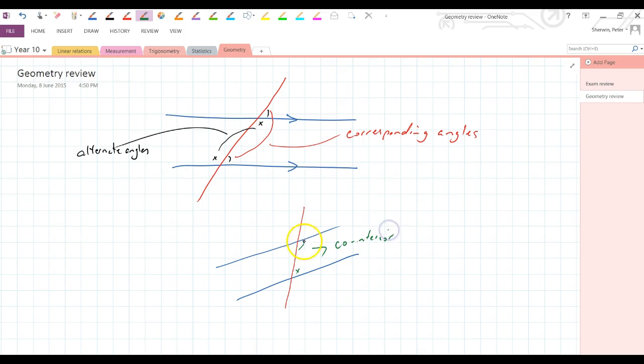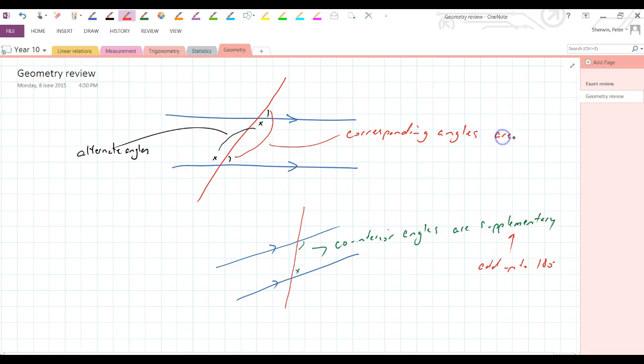So they're inside the parallels, same side of the transversal. Co-interior angles are what we call supplementary, and supplementary means add up to 180 degrees. Okay, that's what supplementary means.